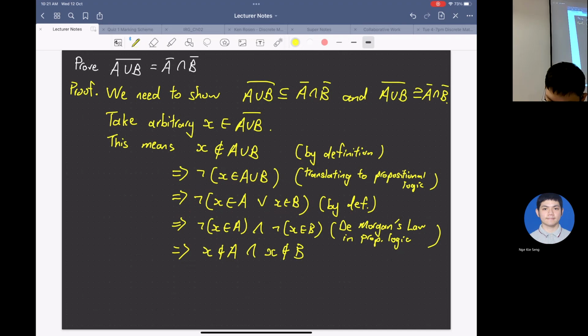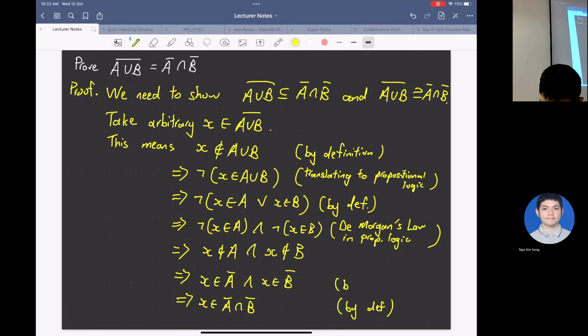So this means that x is in A bar and x is in B bar, which implies that x is in A bar intersect B bar. This one is by definition, this one also by definition.